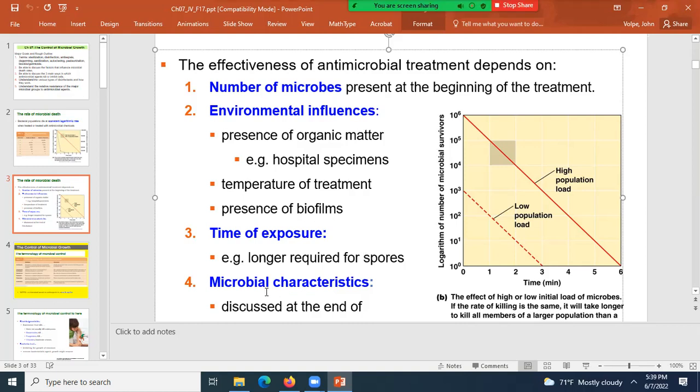And that has to do with the microbial characteristics, which I'll discuss at the end of this lesson, but the different microbial characteristics can influence the effectiveness of the antimicrobial treatment. For example, Mycobacterium has a cell wall which has a lot of mycolic acid in it. That makes Mycobacterium resistant to many antimicrobial treatments.